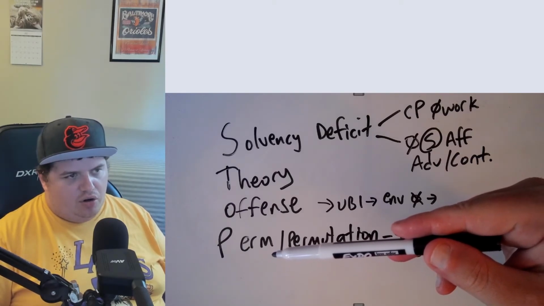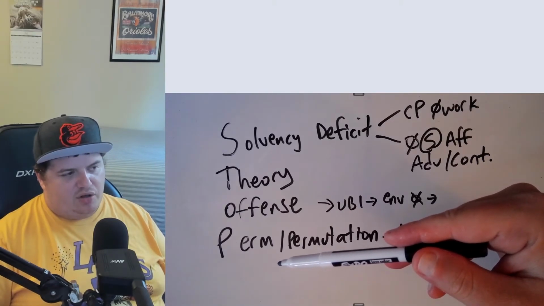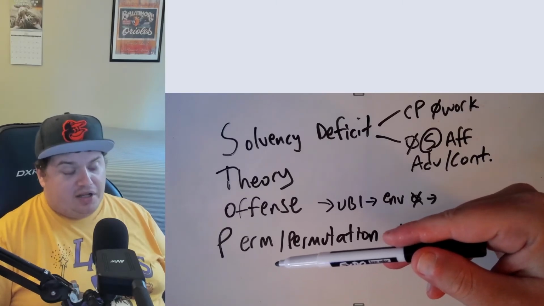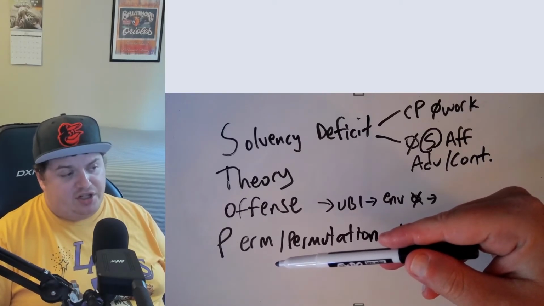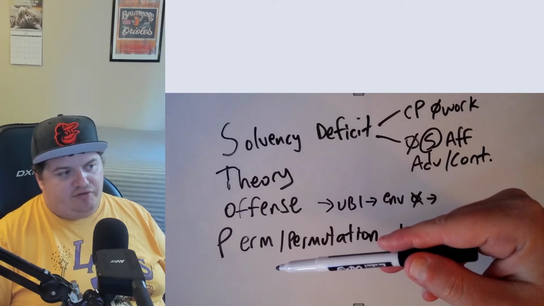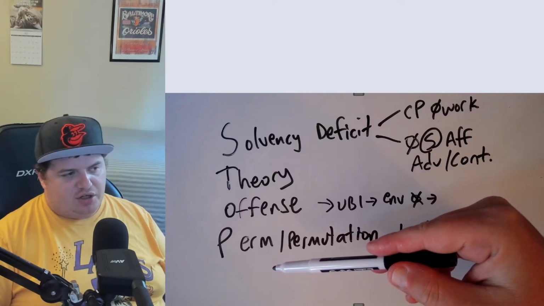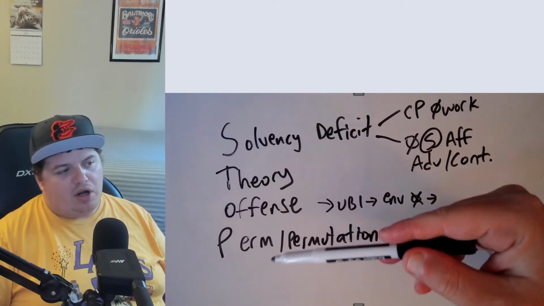The reason for that is that the negative has to spend a lot of time answering those arguments, and there are counterplans that they are truly strategic against. So that is definitely one angle of this in terms of permutations. Any questions?